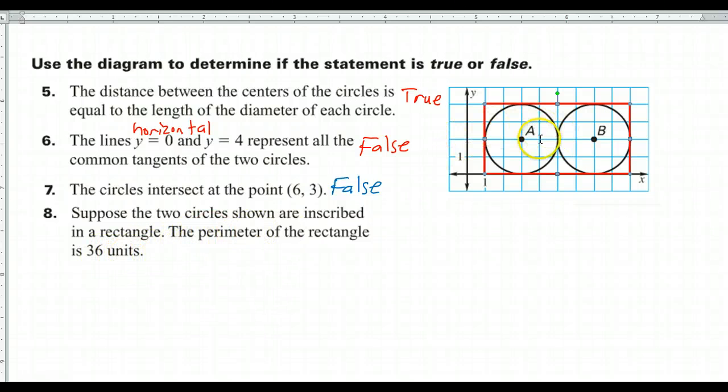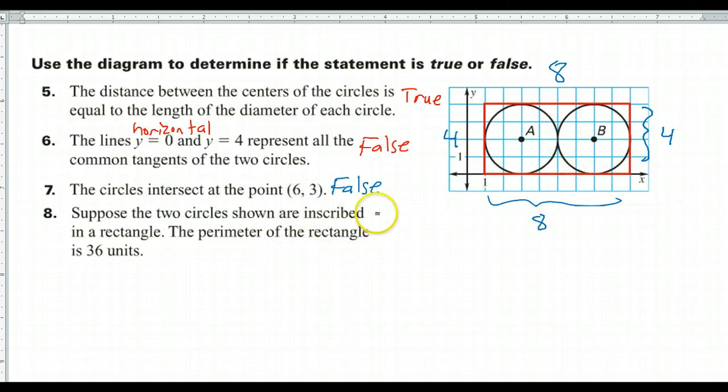Well, let's see. This side is, well, it's 4 and 4, so that's 8. Okay, so this side is 8. And this side is 4. So that's 8 and 8 and 4 and 4. Okay, so that is 24.